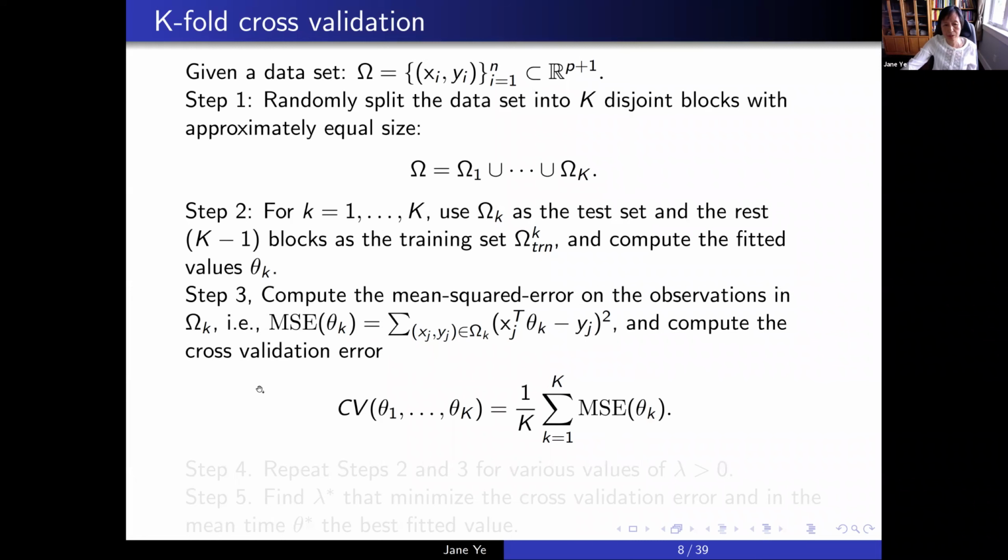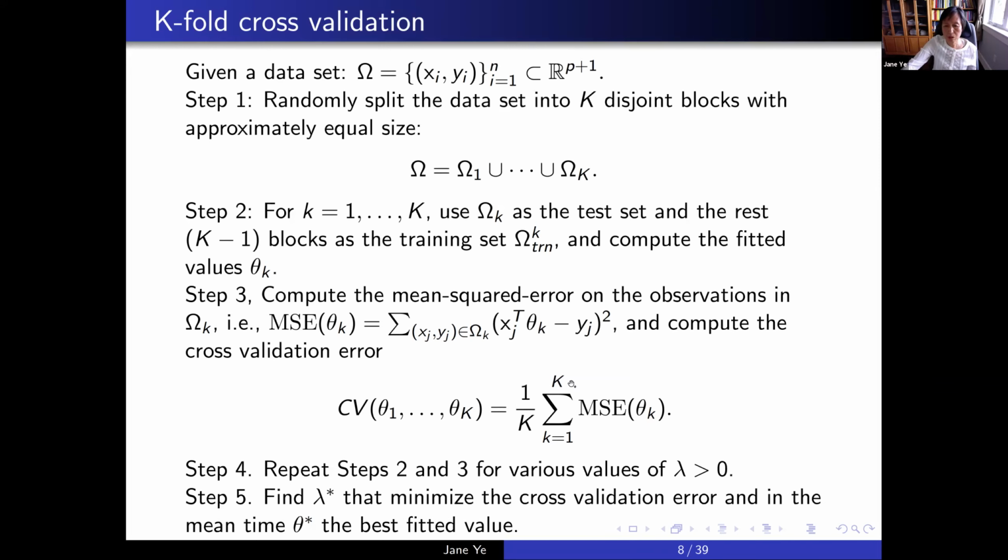This is the so-called cross validation error. Then repeat steps 2 and 3 for various values of lambda. Ideally, you want to find lambda star that minimizes the cross validation error, and in the meantime you get the best fitted value.